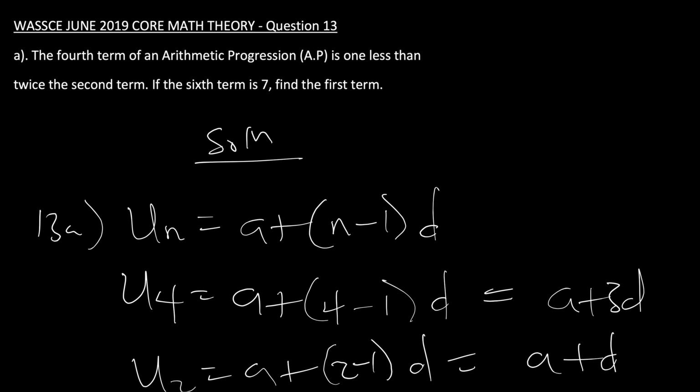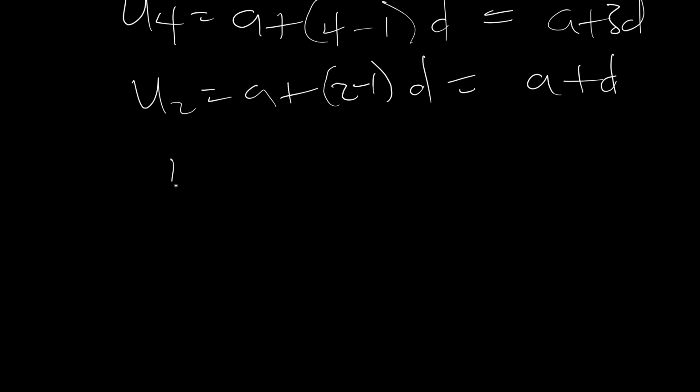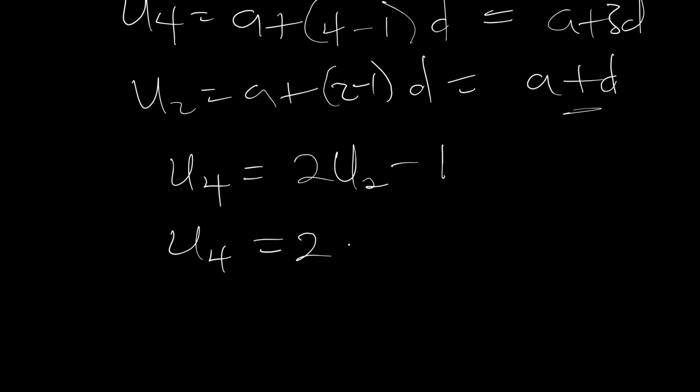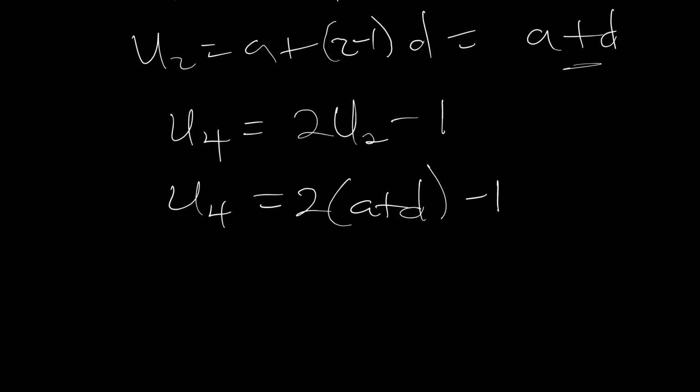Now you are told that the fourth term is 1 less than twice the second term. So you are told that u4 is 2u2 - 1. And then u2 is a + d. So we can say that u4 is equal to 2(a + d) - 1.